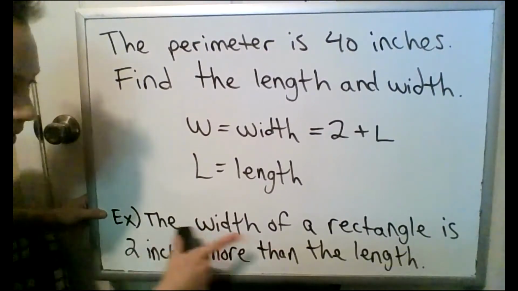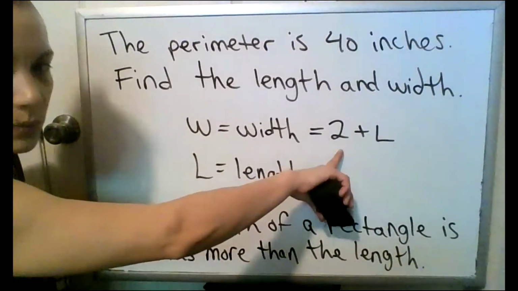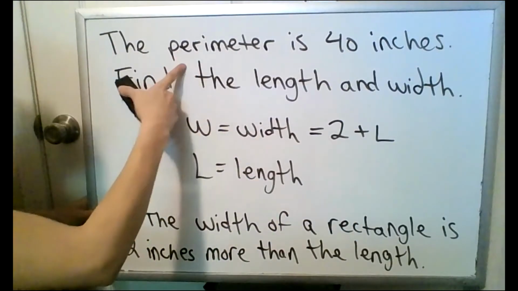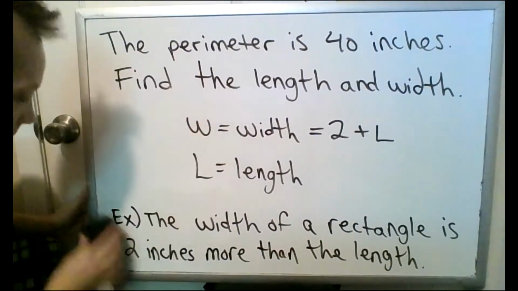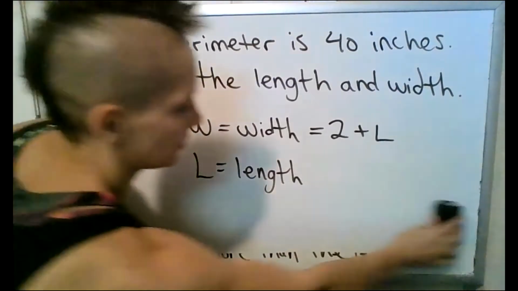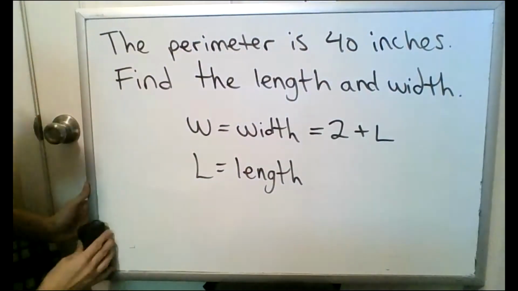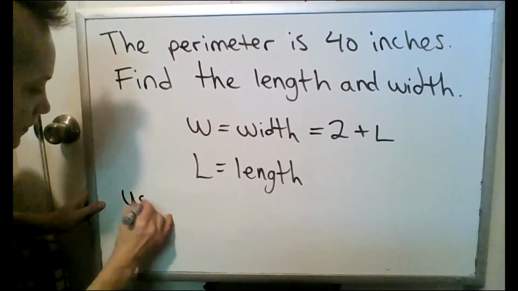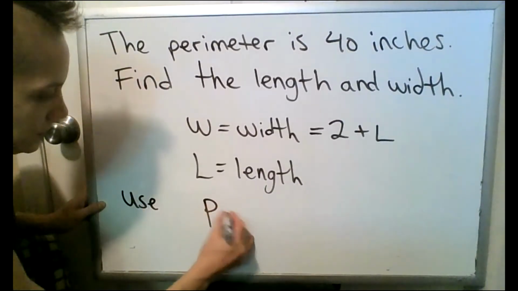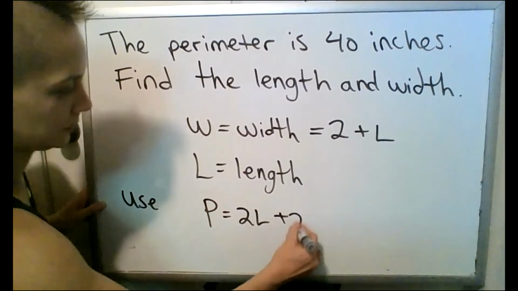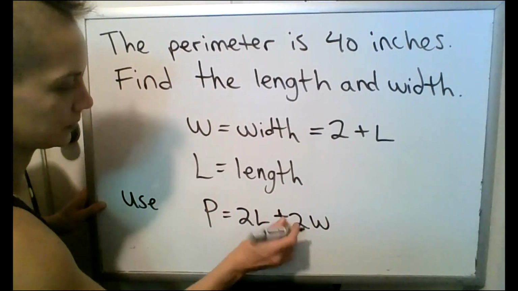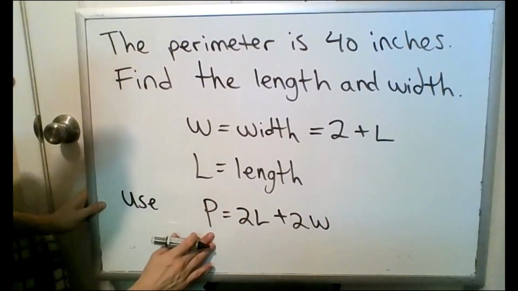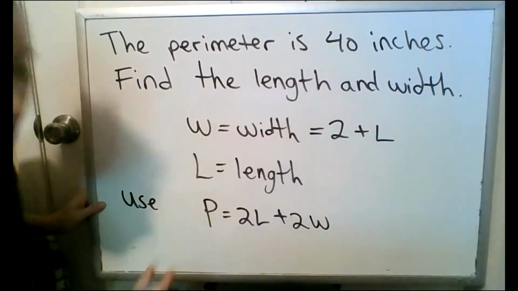Cool. So now that we've gotten this rewritten, we're going to put down the formula for the perimeter and use that to find those unknown values. Perimeter is 40 inches, so we're putting that over here.